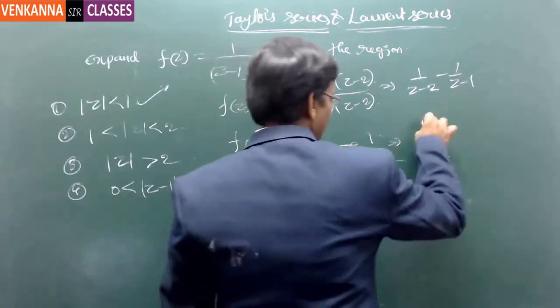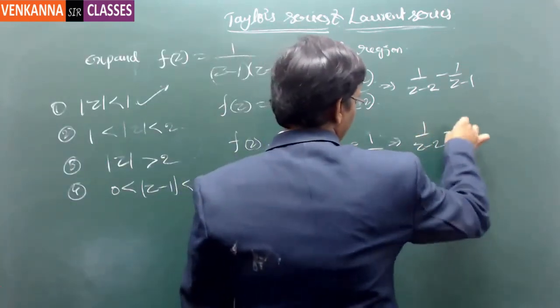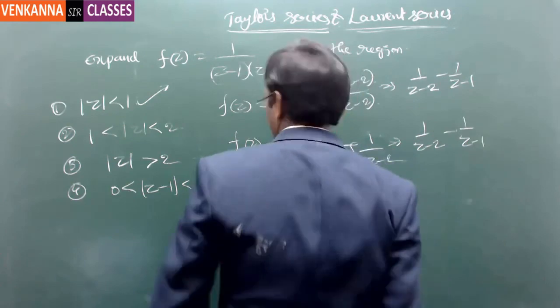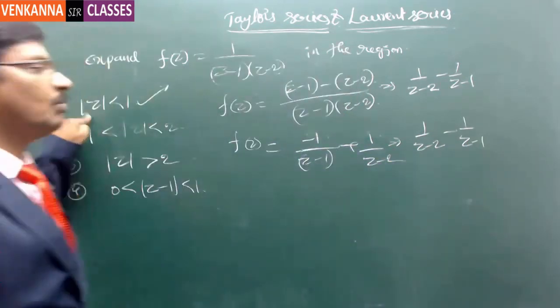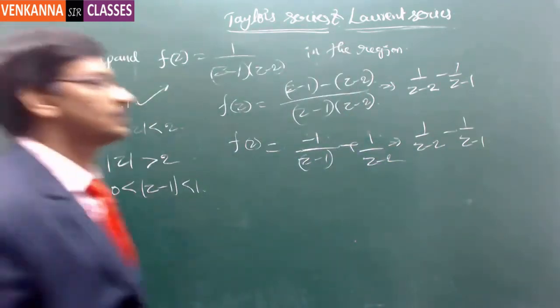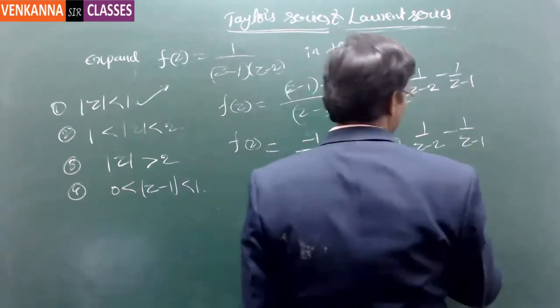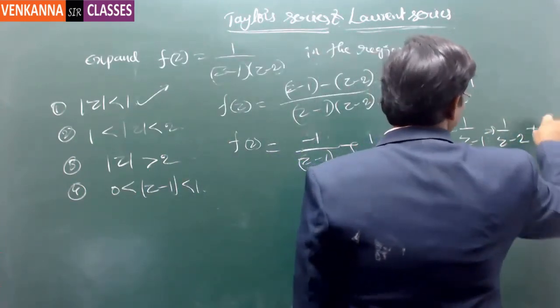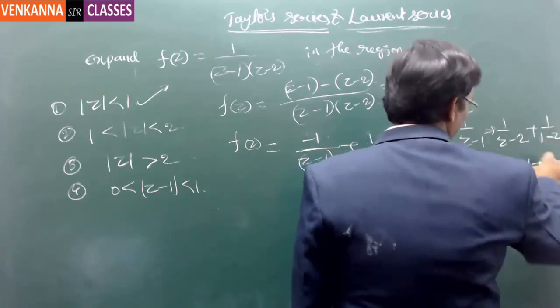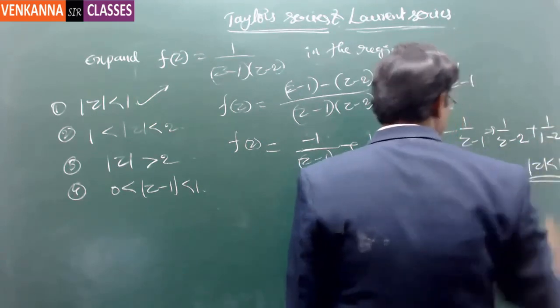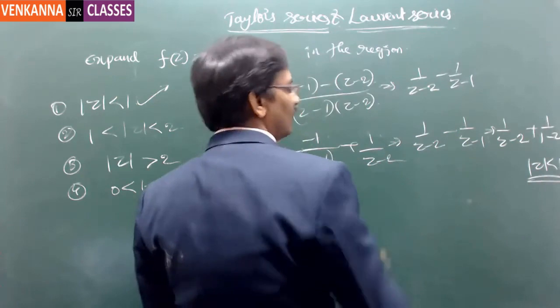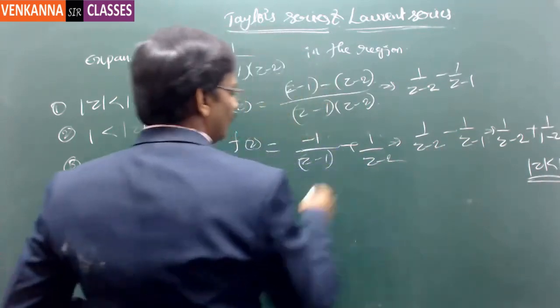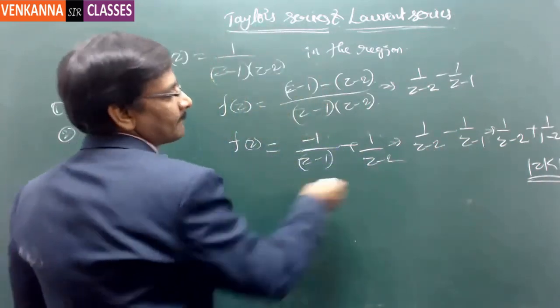So this I will write as 1 by z minus 2 minus 1 by z minus 1. Now here the condition is mod z less than 1. So this can be written as 1 by z minus 2 plus 1 by 1 minus z. If mod z less than 1, here also what I will do is take 2 out from z minus 2.